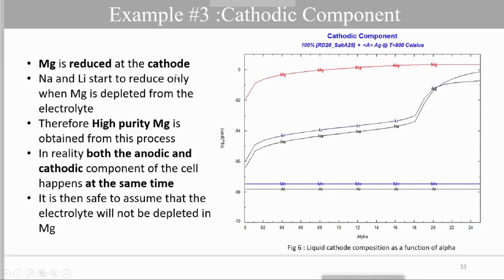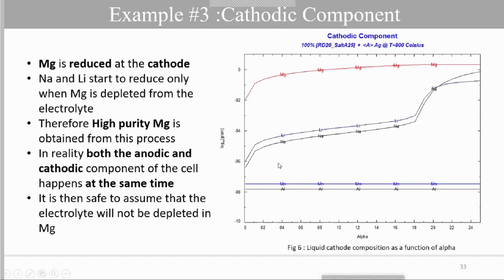Even though there is a certain amount of aluminum and manganese with a more positive reduction potential, which should reduce before mag, their activity is so small that it doesn't occur. The reaction is preferential to just reducing the mag, and we can see that we can have a high purity mag if we do this.